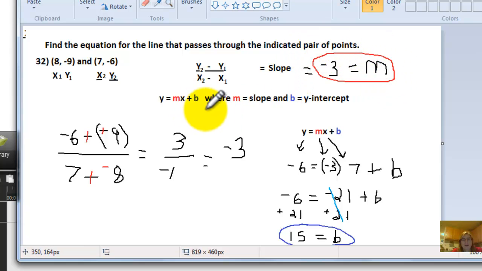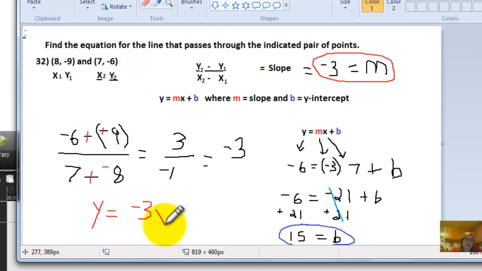So we have an equation for a line now. We use this as our template, the y equals mx plus b. We do not need to use numbers anymore. We can have y, I'll just leave it in red, y equals m, which is negative 3, times the x.